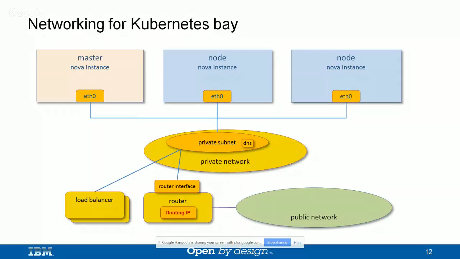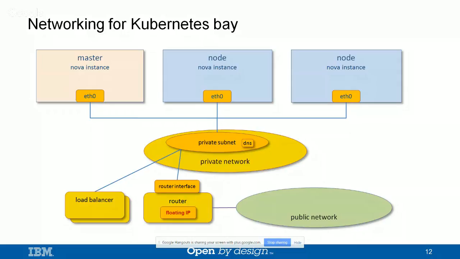That's the component in the middle at the bottom there, and that router provides the route between the private subnet and the public network. So a container that lives inside one of the nodes here would go through the private subnet, go through the router, and go out to the network.